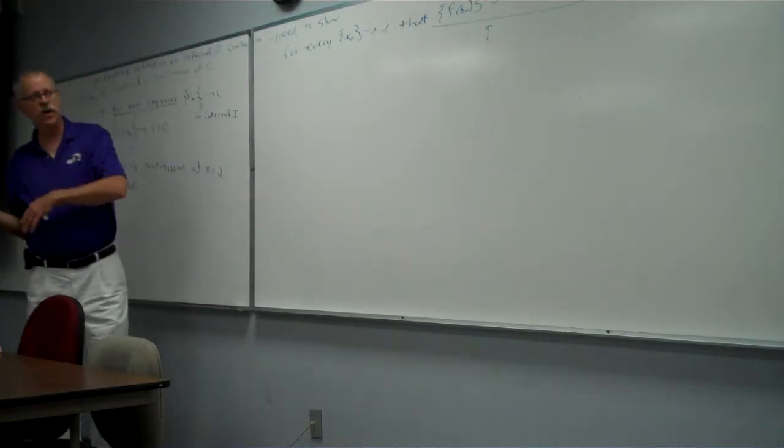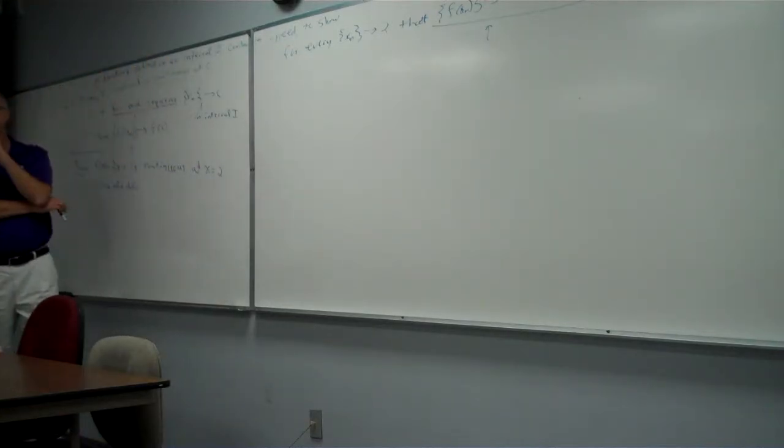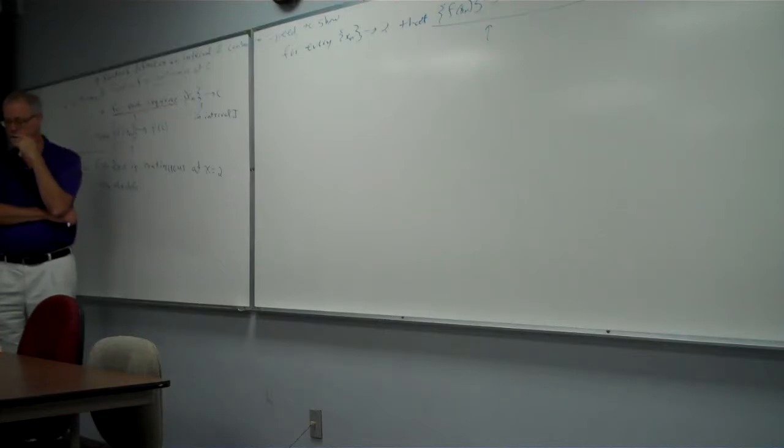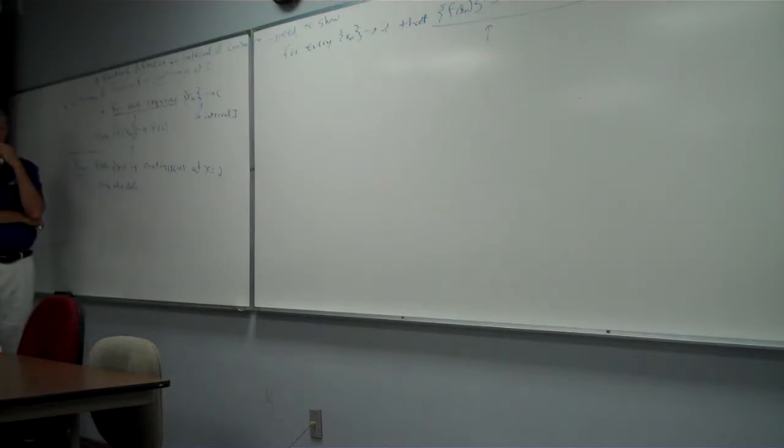That we've got this sequence of outputs that converges to a certain value, given we know something about a sequence of inputs. Since we need to do this for every sequence x sub n, let's not try to pick one yet. See if we can just do this without knowing exactly what the sequence x sub n is, just knowing that it's headed to 2.